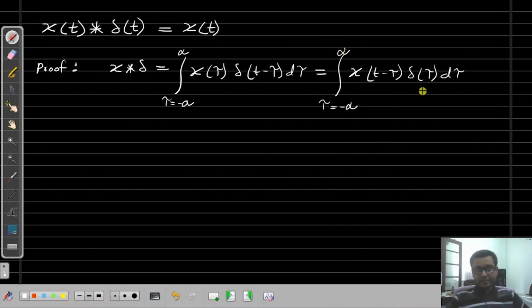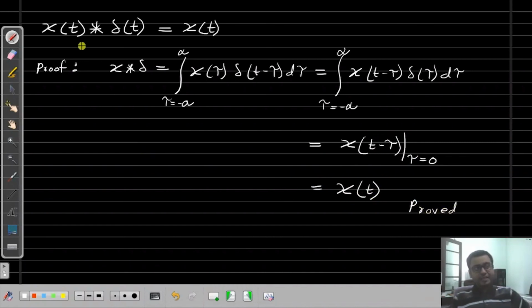And then we know that when we multiply any function with the delta function and integrate, the result is the same as the value of this function evaluated at τ equal to 0. So you put τ equal to 0 in this function, you will get x(t), and that's the proof.